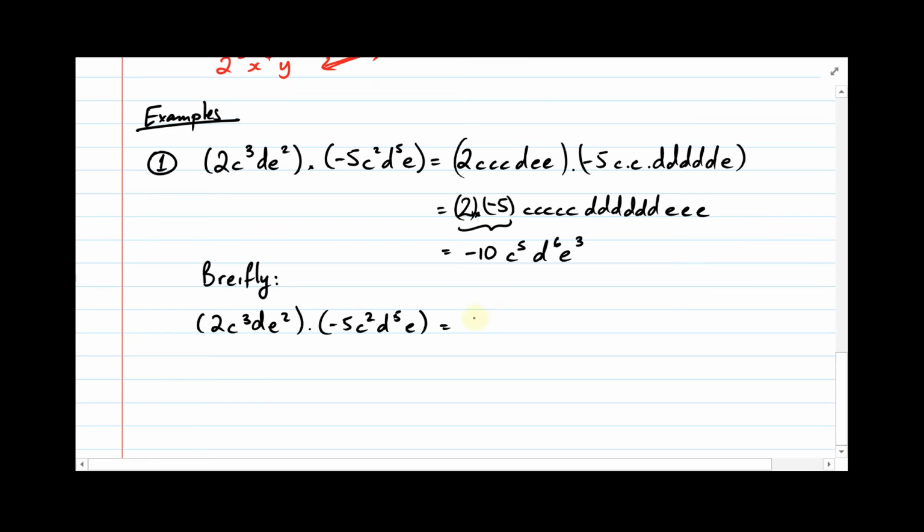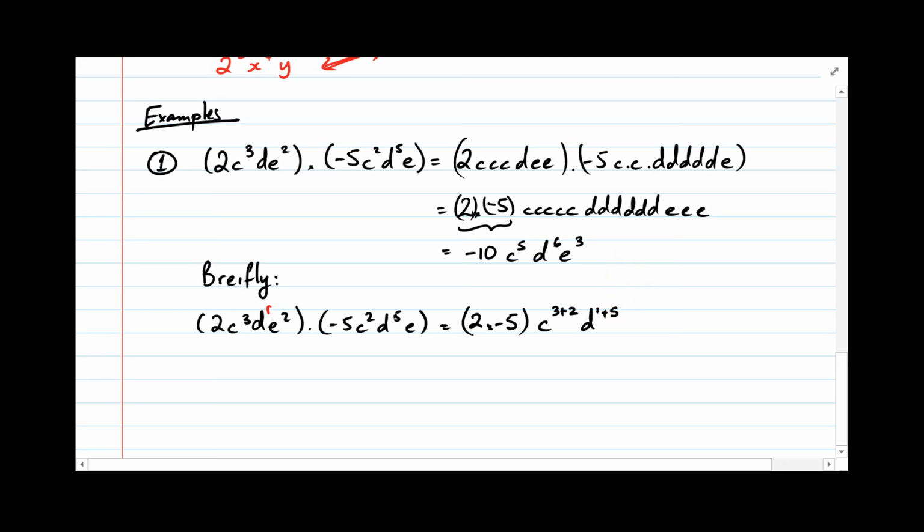All right, so if I were given this problem, I would simply write it as 2 times -5. That I would do combining my numbers or coefficients, if you wish. But then I would proceed. I saw that it was multiplication, so I would then show this 3 plus 2 for the exponent, for my C, for D, not shown but understood that this is D to the 1st power.